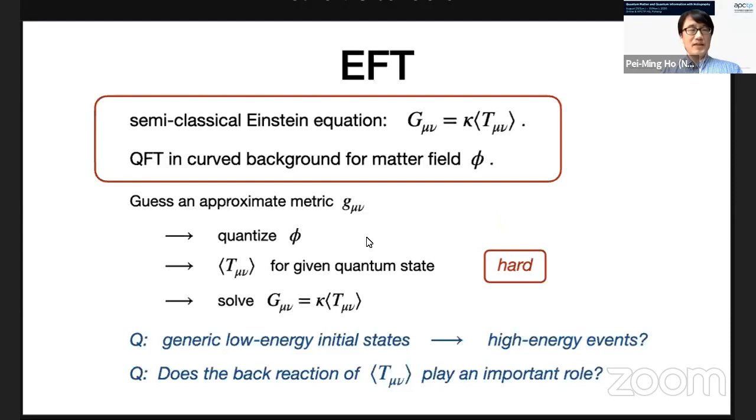So the first two assumptions, about the semi-classical Einstein equation and low energy effective quantum field theory for the matter field, together I'll refer to as the effective field theory, the theory we use for our neighborhood of space-time, and it should be sufficient according to the conventional model. So now the semi-classical Einstein equation: once you give me the energy momentum tensor on the right-hand side, you can solve it and find the metric.